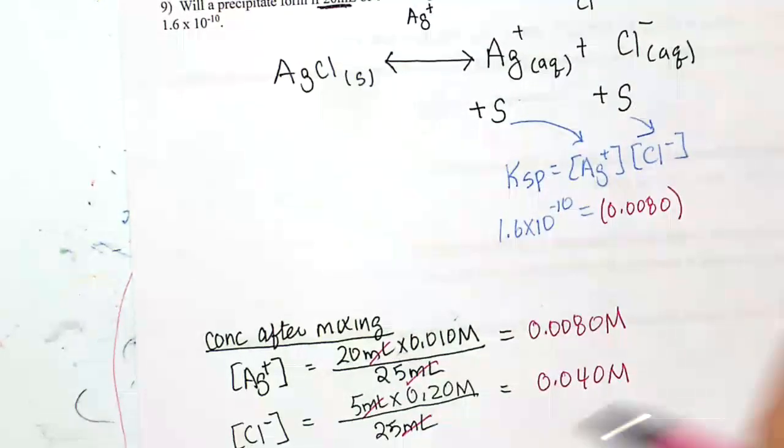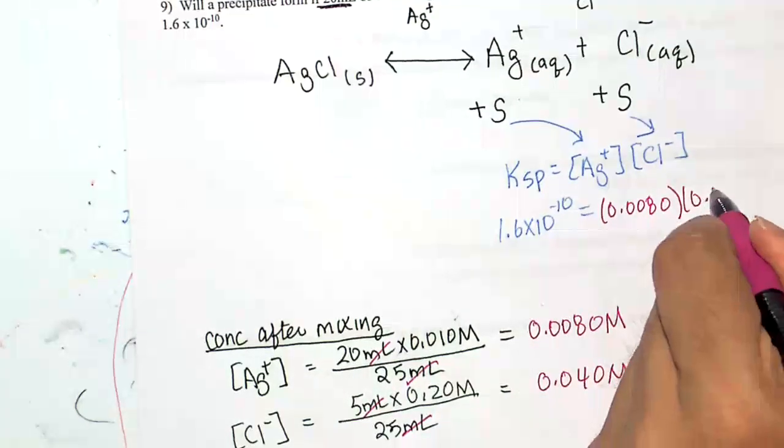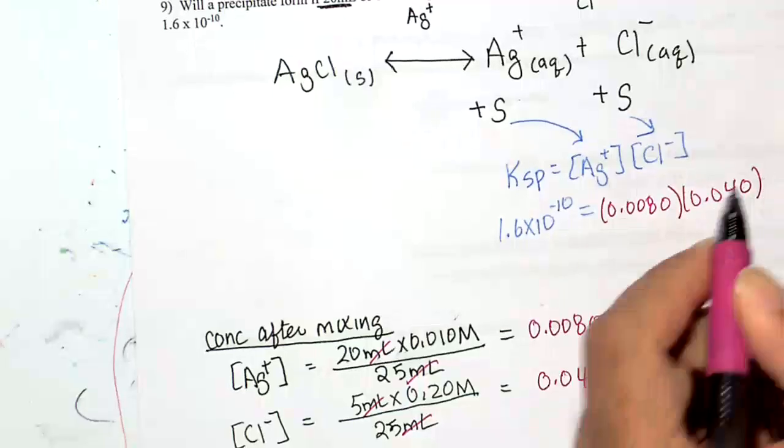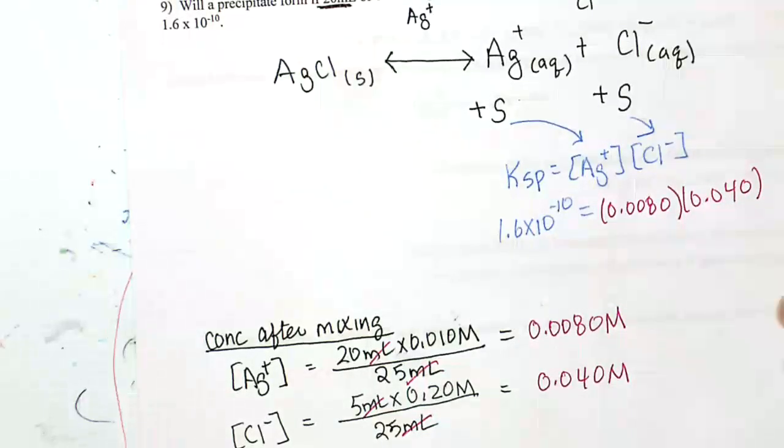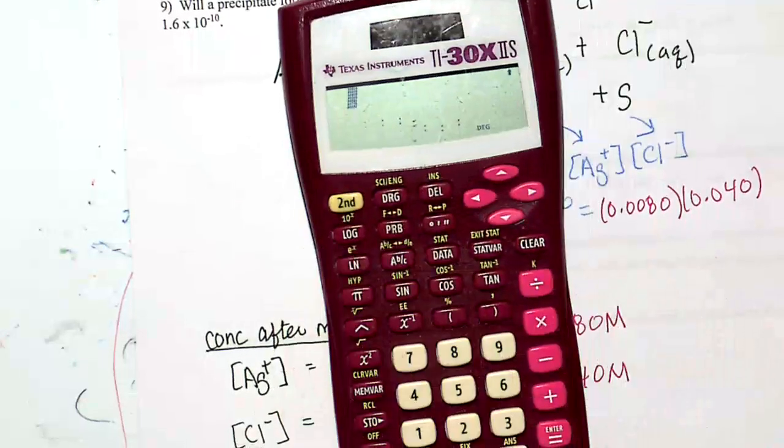And for this S, we'll substitute in Cl minus 0.040. I can automatically tell you they don't equal each other. What is this going to be? 3.2 times 10 to the minus 6.